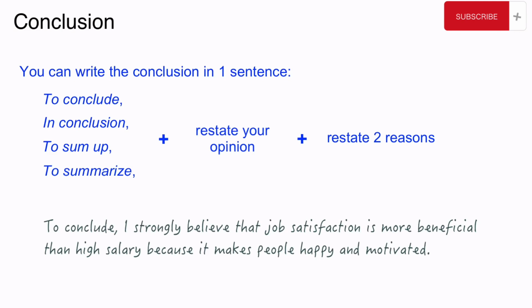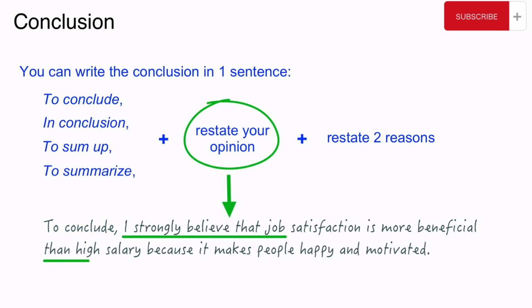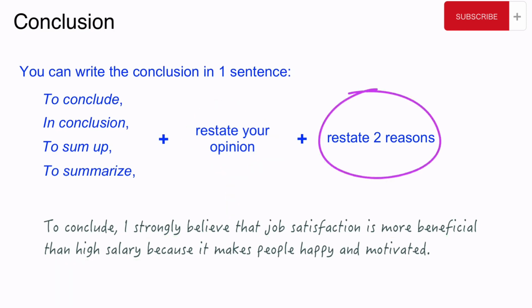As you can see, I started with the phrase "to conclude," showing the examiner that I start writing my conclusion paragraph. Then, I restated my opinion. I strongly believe that job satisfaction is more beneficial than high salary. And after that, I briefly stated the reasons for my opinion.